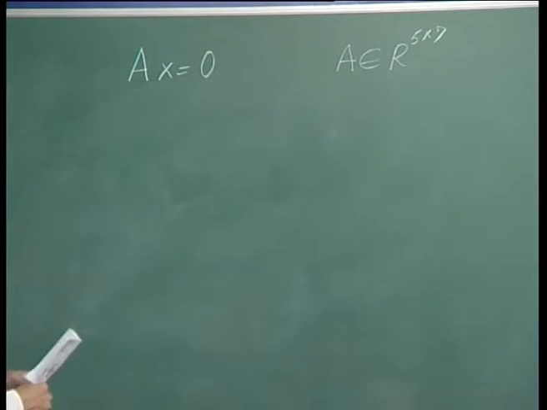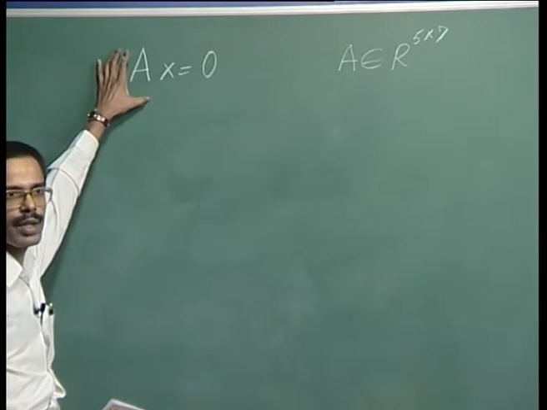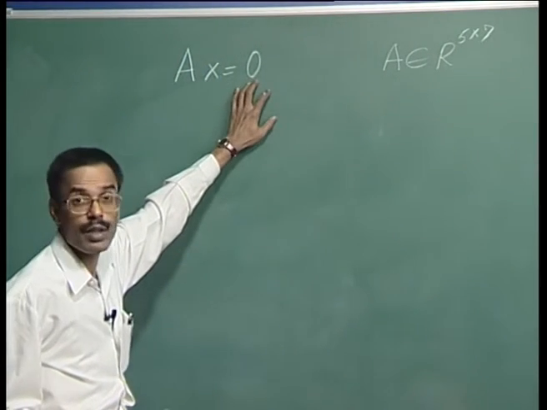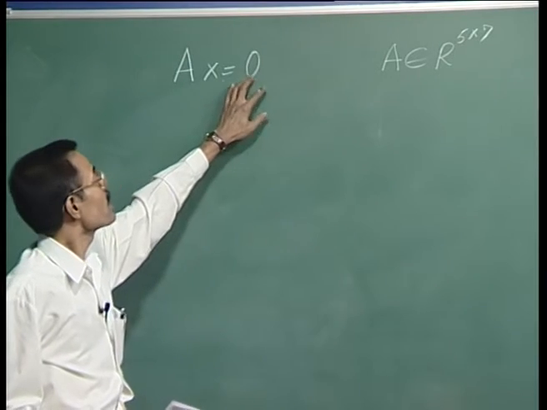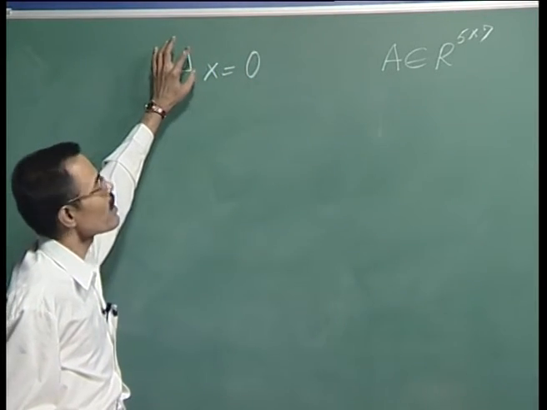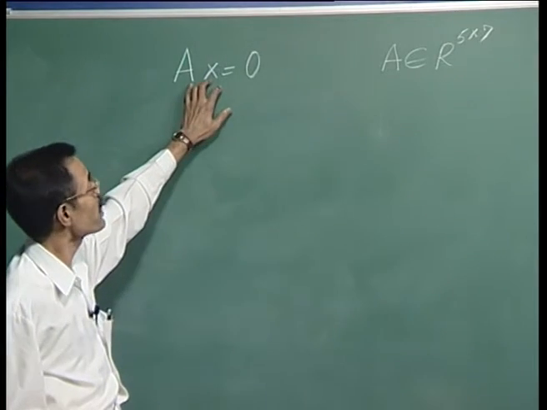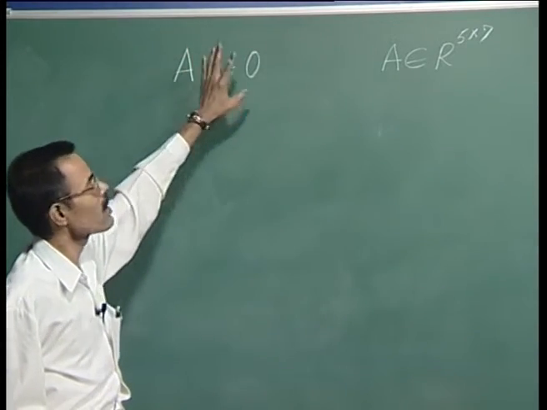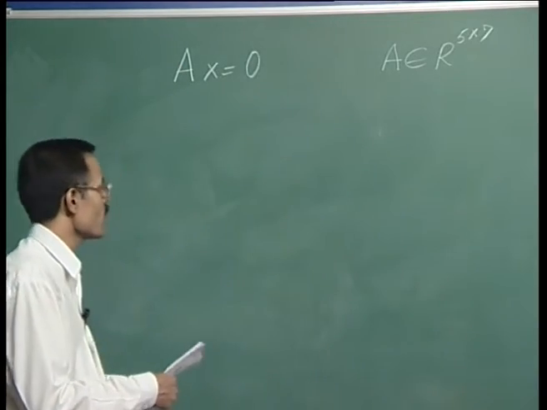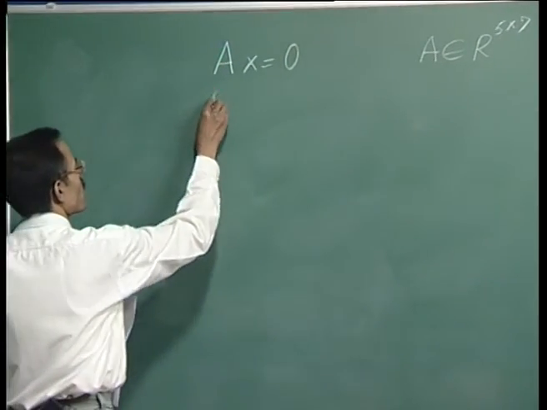When we say that we want to find the solution of this system Ax equal to 0, in which the right hand side is 0, that is equivalent to saying that we want to find the null space of A, because we are looking for all those vectors x which give us 0 in the product Ax. So, we are basically trying to find the null space of A.